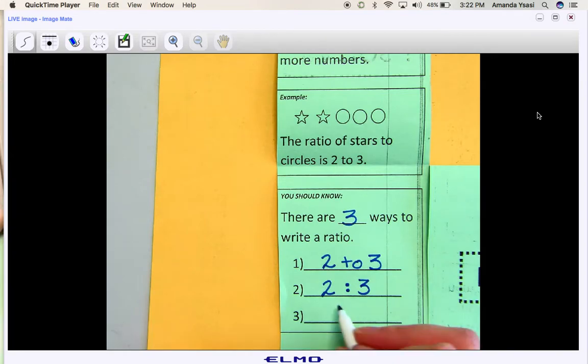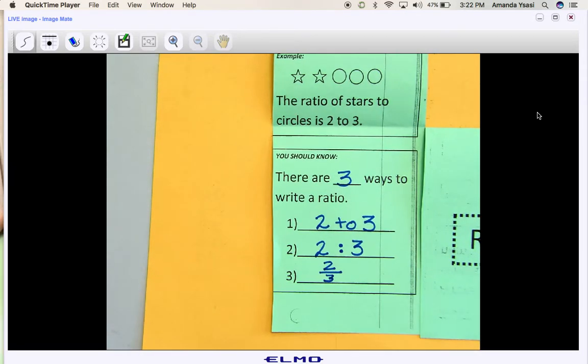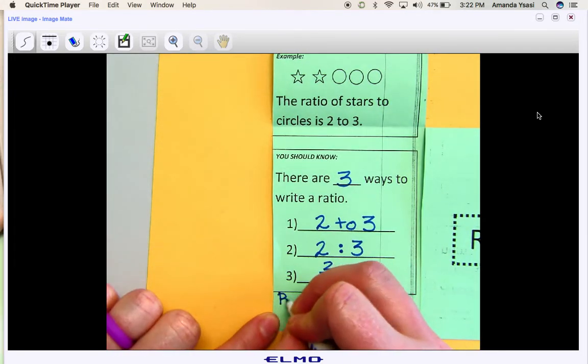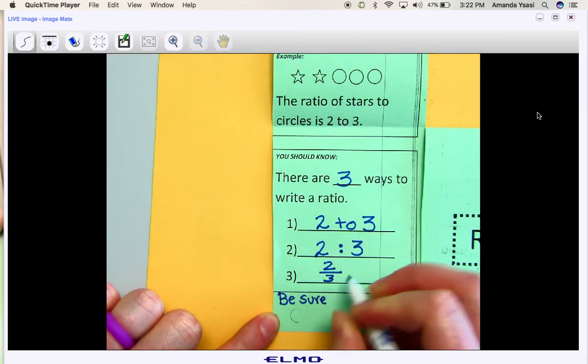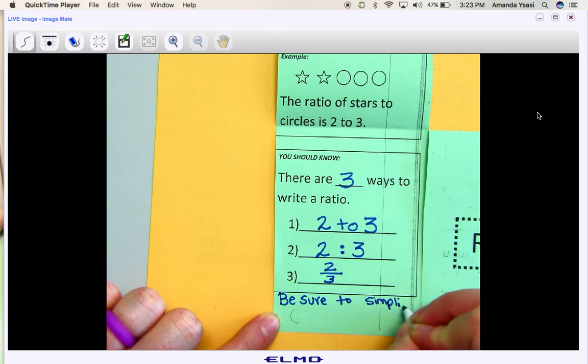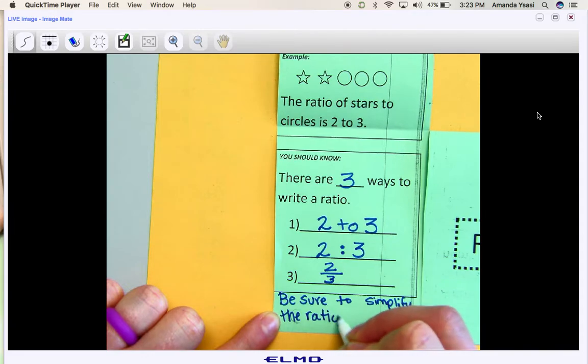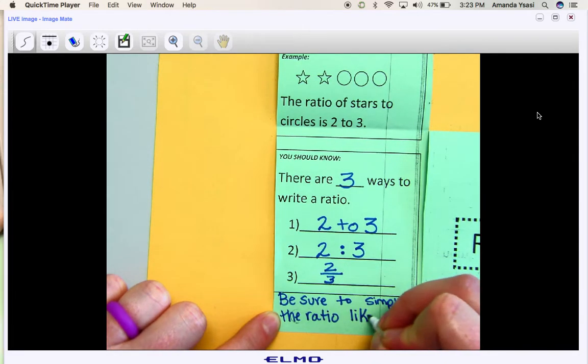And we can write it as a fraction, 2 over 3. And once you do your ratio, you always want to be sure to simplify the ratio like you would a fraction.